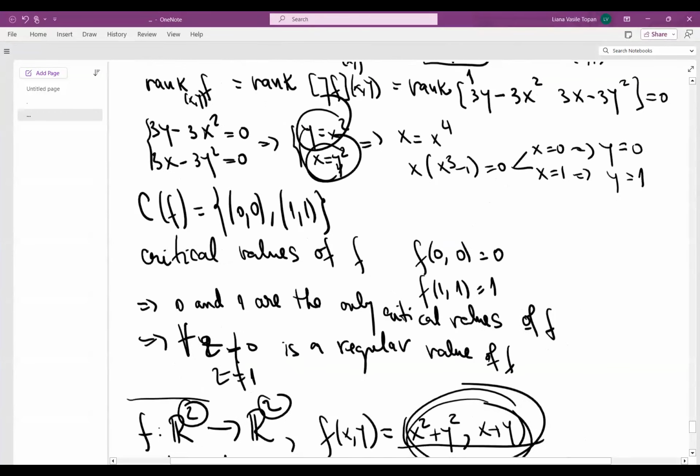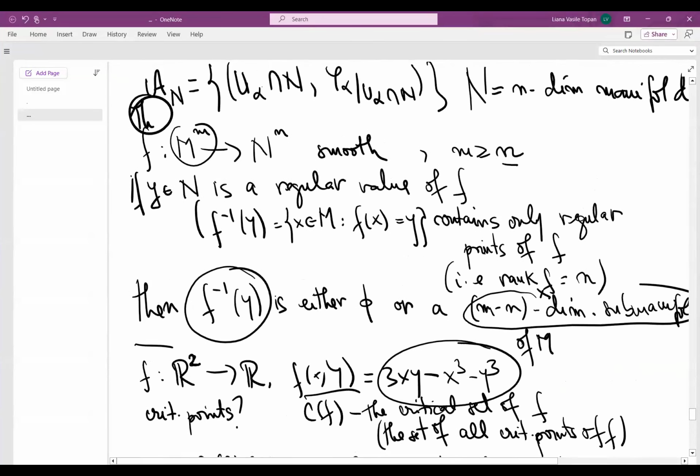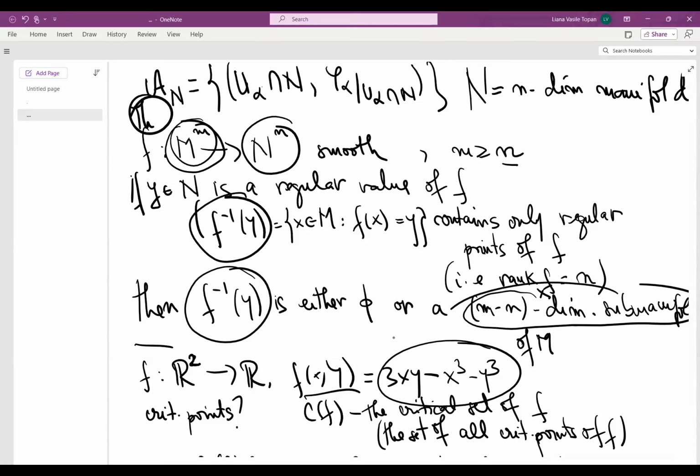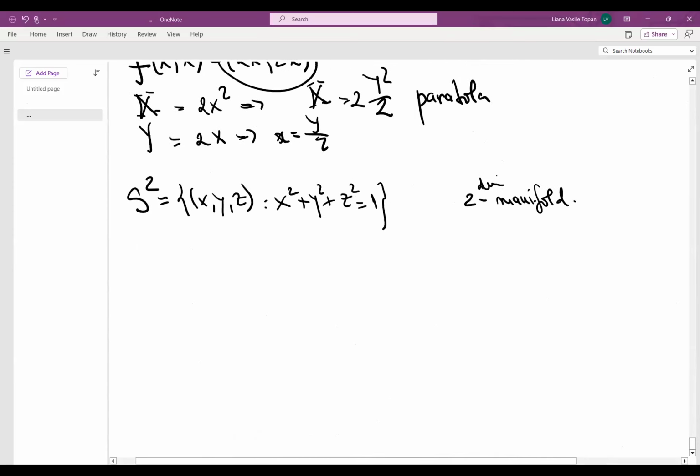You see this very nice result, saying that when you have a function defined on a manifold of higher dimension than the codomain, then the inverse image of a regular value is either empty or an (m minus n)-dimensional submanifold of M. So let's try to apply this theorem here.